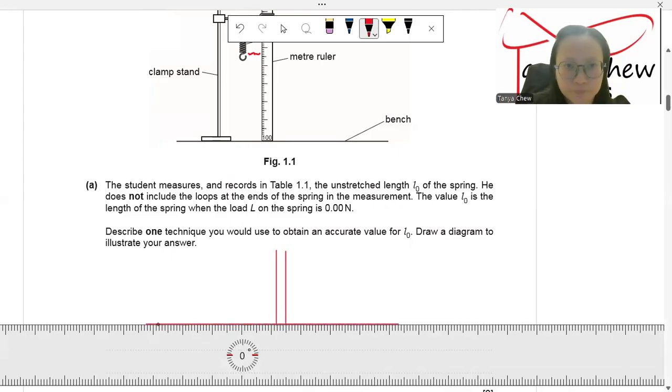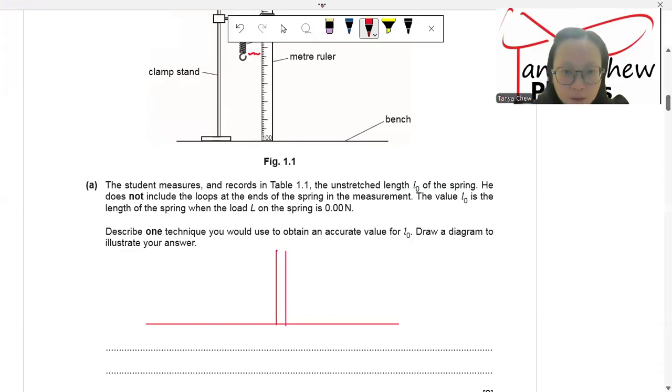Then there's the retort stand, and this is the boss and the clamp. And then this is my spring hanging.